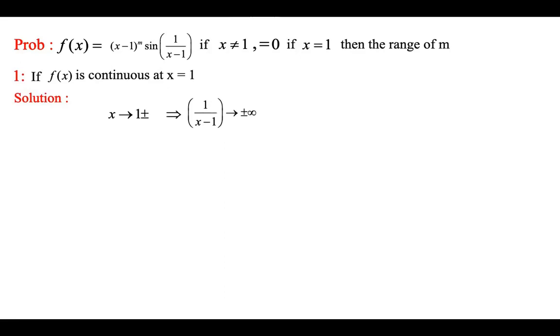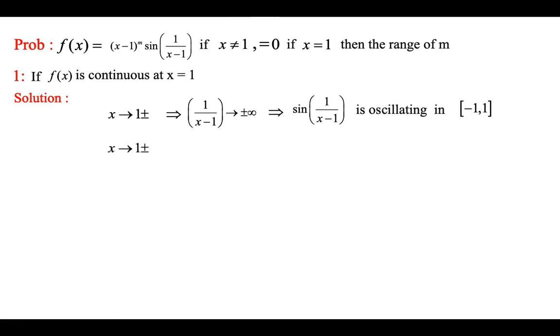Therefore 1/(x − 1) tends to either plus infinity or minus infinity. Once 1/(x − 1) tends to plus or minus infinity, the sine of that value always lies between −1 and +1 but oscillates very fast between −1 and +1. So sin(1/(x − 1)) oscillates between −1 and +1.